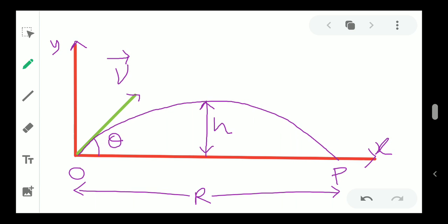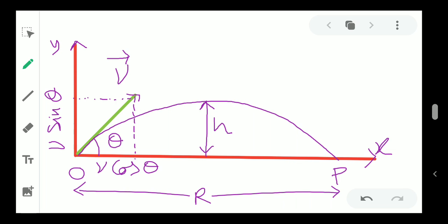The portion of the v vector working in the x axis, if I project the vector on the x axis, will be v cos theta, and if I project on the y axis, the portion of velocity working in the y axis will be v sin theta.